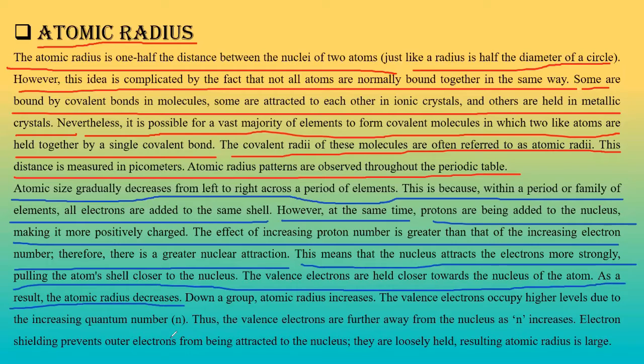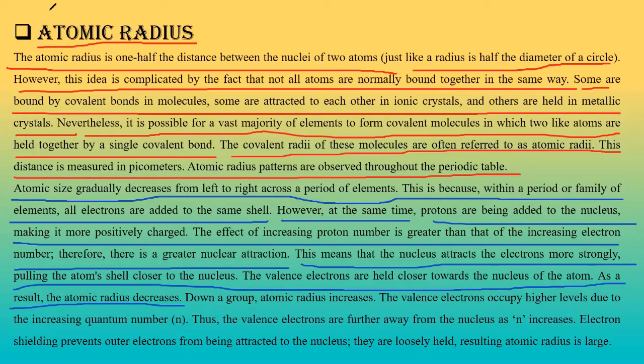So the proton is having more power, the nucleus is getting more positively charged, and the attraction between nucleus and electrons is increasing with the addition of electrons. And this will result in a decrease of the distance between the valence shell and the nucleus. So gradually, the atomic radius will decrease. This was the discussion along a period.